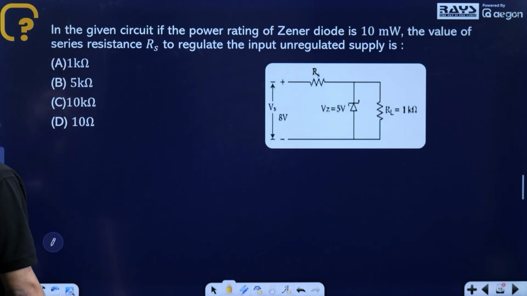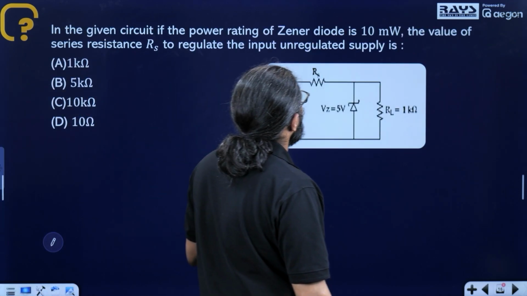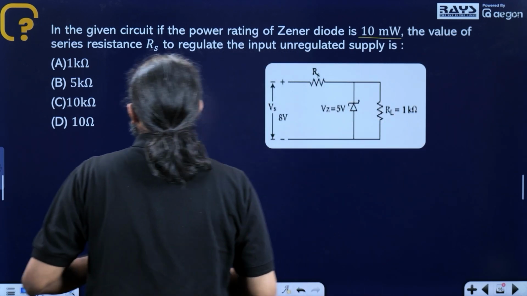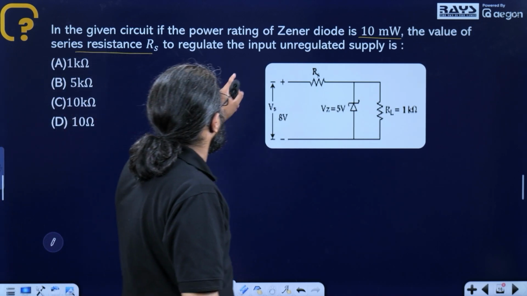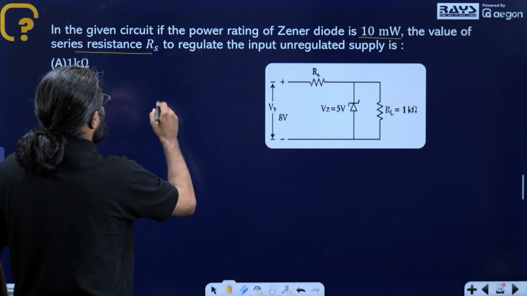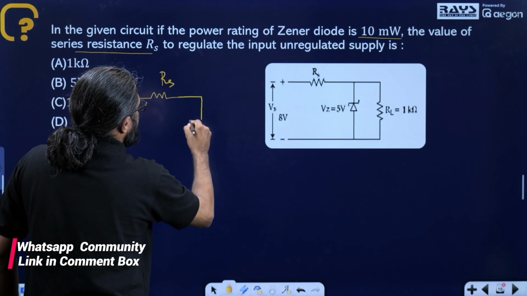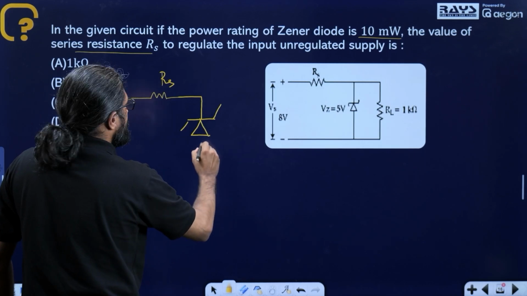This is the one. In the given circuit, if the power rating of the Zener diode is 10 milliwatt, what is the value of the series resistance Rs to regulate the input unregulated supply? Now, I'll redraw the circuit if it is not clear. You have Rs here, and then you have a Zener diode, and the diode is connected in reverse bias.